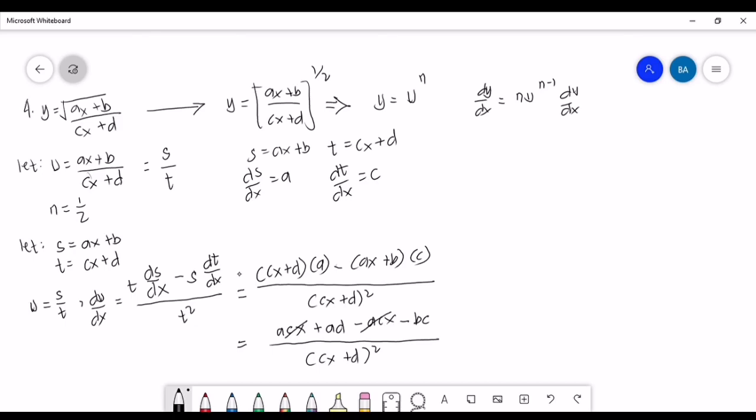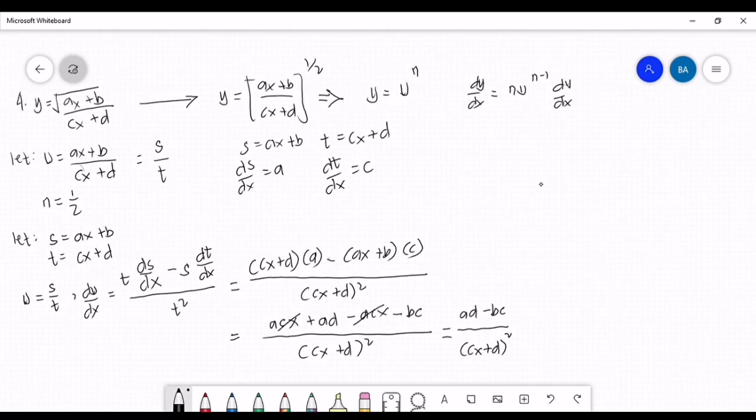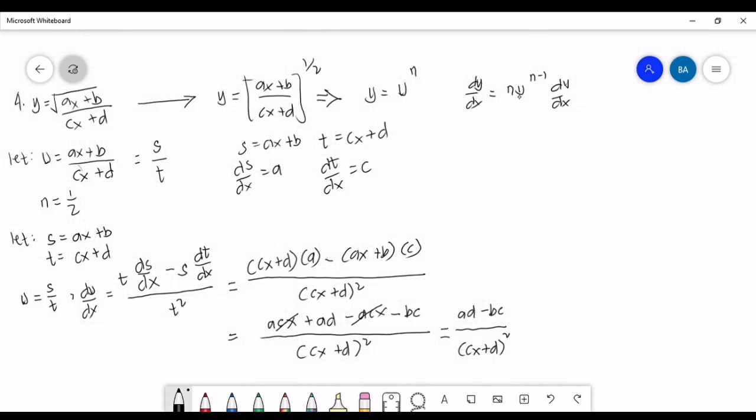So overall, our answer is du dx is equal to ad minus bc over the square of cx plus d. So now we could substitute this. Let's go back to the first step that we did.